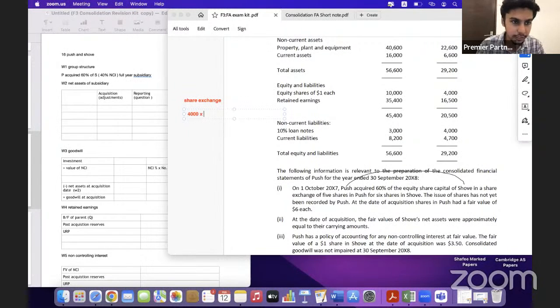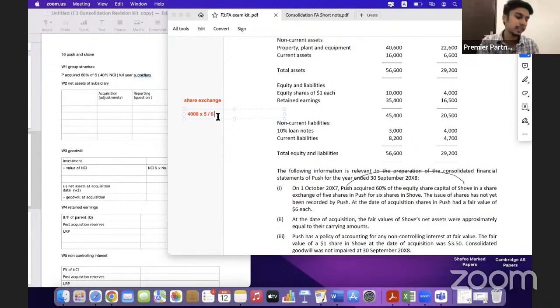Now, what's the ratio that these people are going for? They are going to go for 5 shares in Push for 6 shares in Shove. Oh, wait, or is it the other way around? The capital in the share exchange of 5 for 6. Yeah, correct, what I have done is correct. They will be giving 5 shares for every 6.